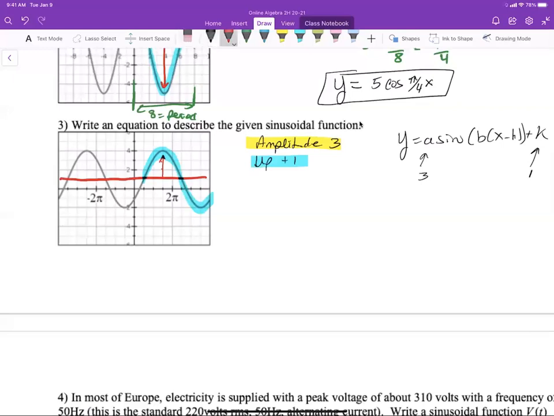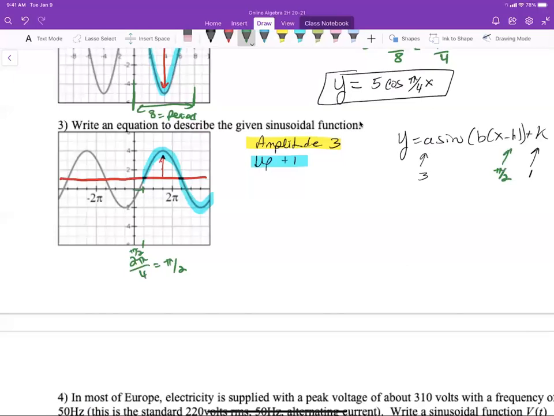Well, what is h? We shifted 1 tick mark. What is each tick mark worth? This is 2 pi, and I have 4 tick marks between 0 and 2 pi. So 2 pi divided by 4 equals pi over 2. So every tick mark is pi over 2. So I shifted over pi over 2. So that is h, pi over 2.